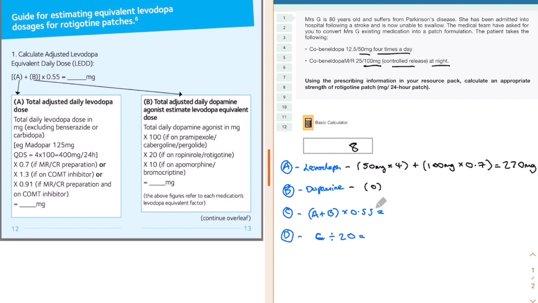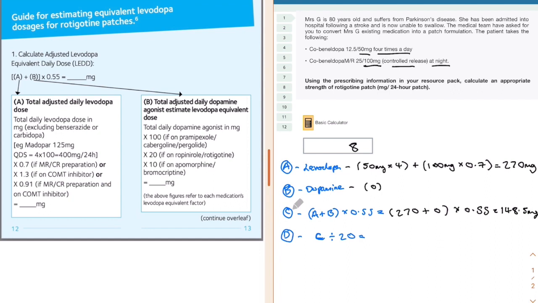Now we're going to come to stage 3 of our process, part C. In part C we add our answer from A and B together. So we're going to do 270 plus 0, and multiply this by 0.55. If you do that on your calculator, you get 148.5 milligrams.